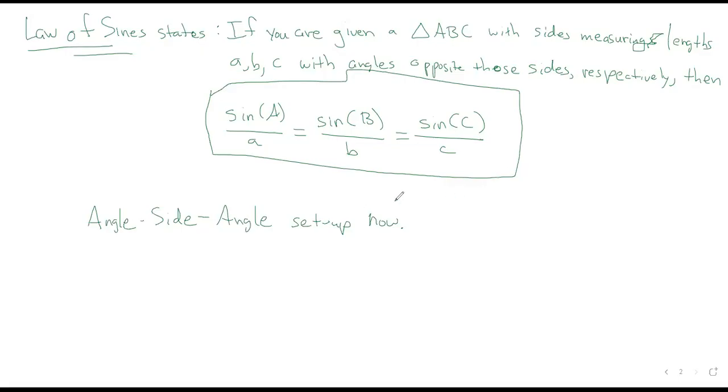Now remember, there's no restriction on the triangle, okay, as long as it's a triangle and you have this information. So you don't need a right triangle to do this, all right? So we just need a triangle that has two angles and the included side between them already known. All right, so let's take a look at an example of a triangle that's set up that way and see how law of sines can be used to solve it.